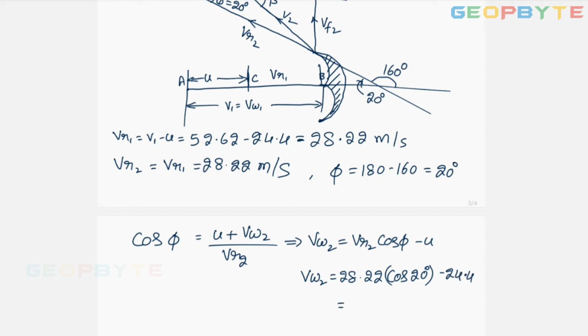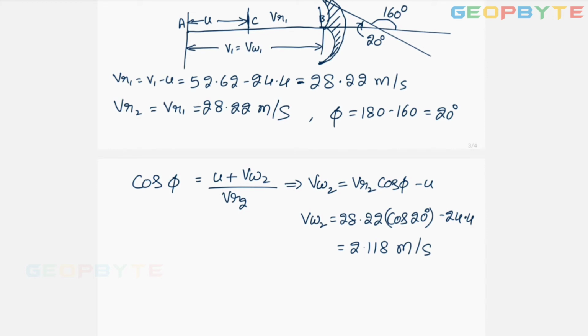Simplify this value for getting the VW2. I got 2.118 meters per second.